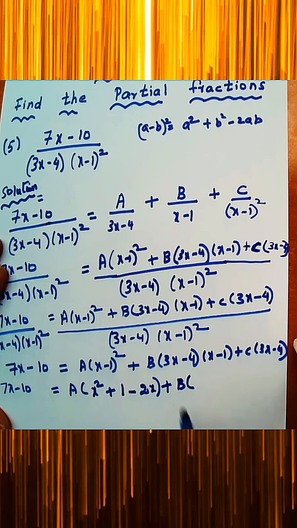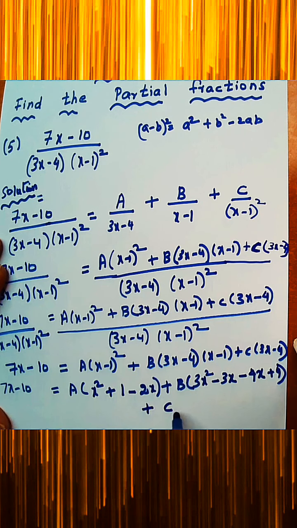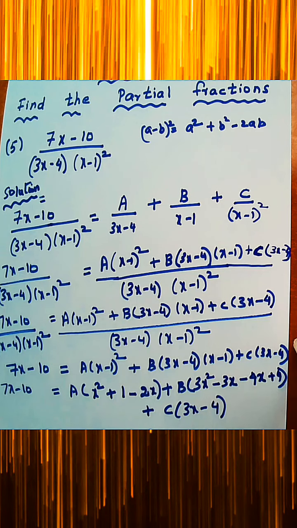Plus b times, multiply: 3x into x will give you 3x square. 3x into minus 1 will give you minus 3x. Minus 4 into x will give you minus 4x. Minus 4 into 1 will give you plus 4. I'm just multiplying these two terms. Plus c times 3x minus 4. And just have a look at how I have done so far.